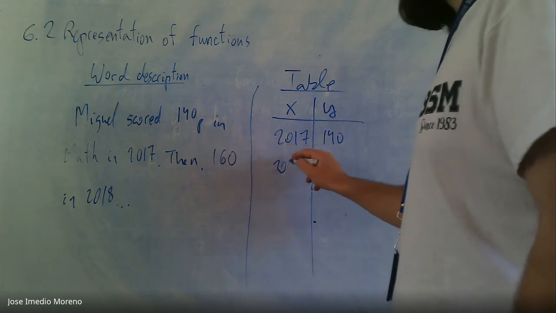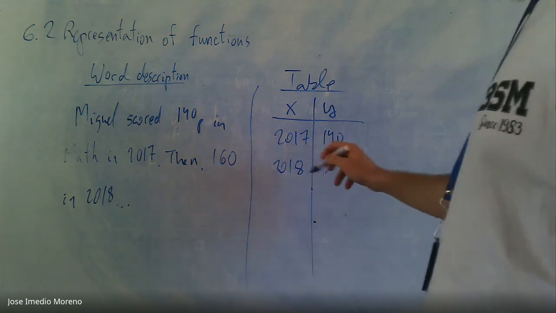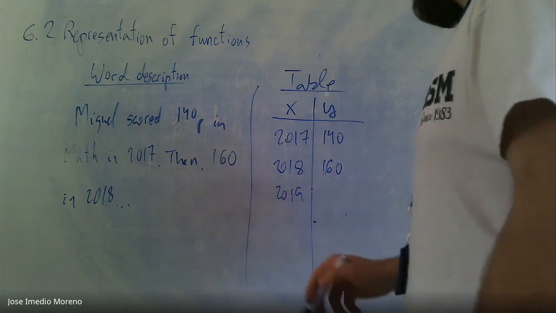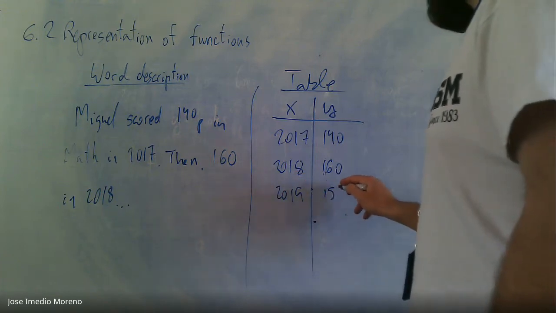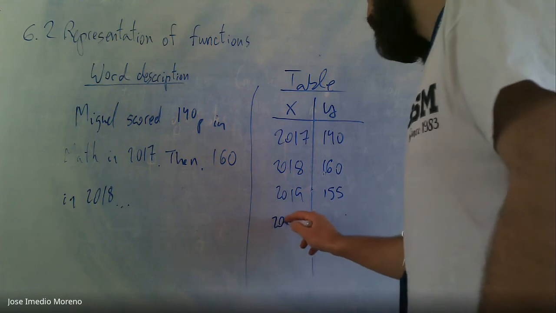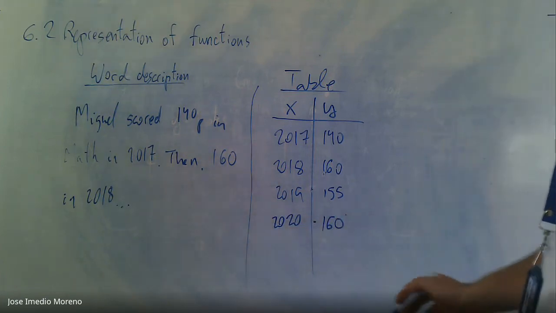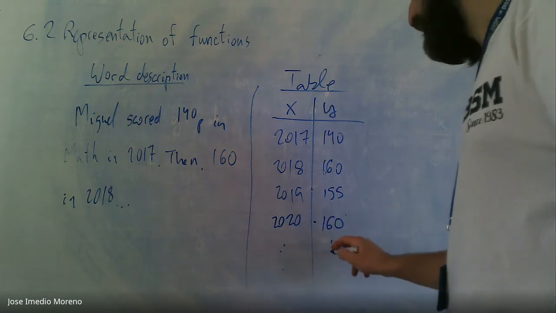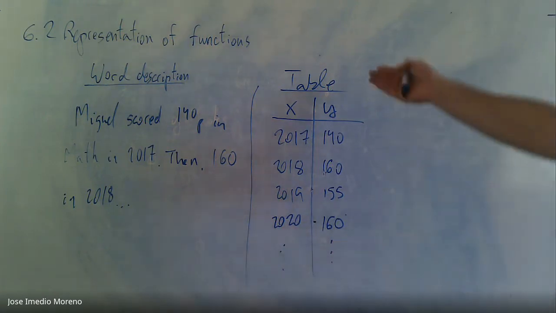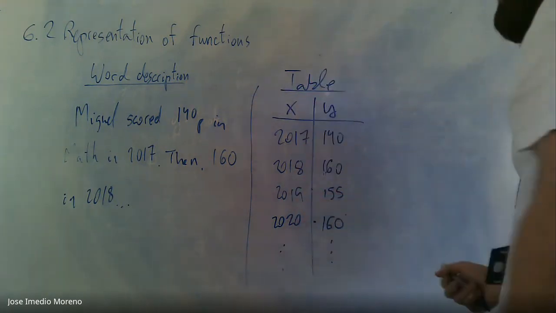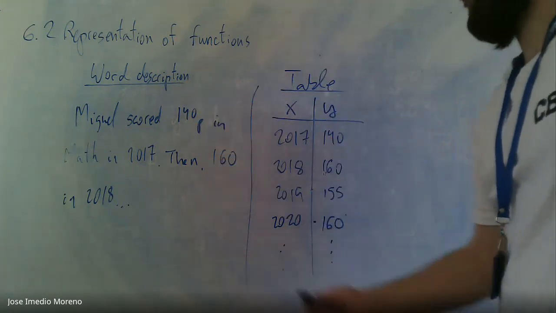Then in 2018, he scored 160. Then in 2019, he scored 155. Then in 2020, he scored 160 again. And I can keep writing data in this table according to the word description.